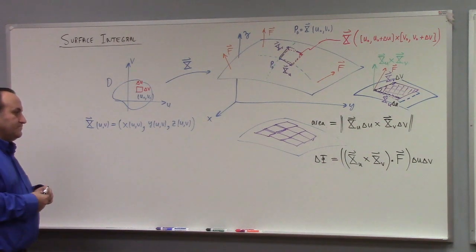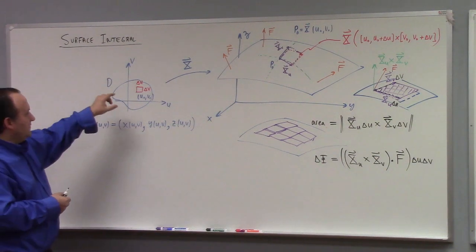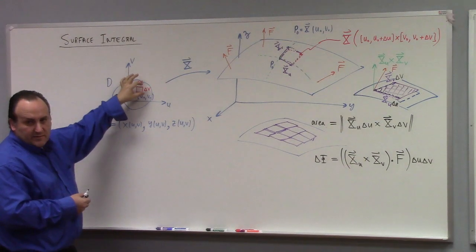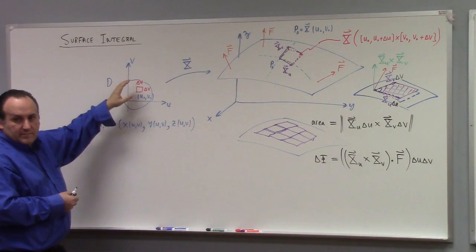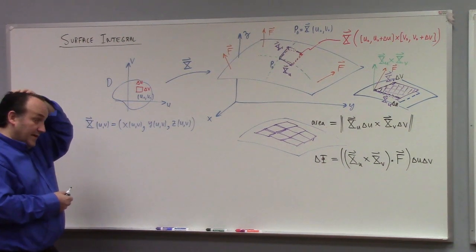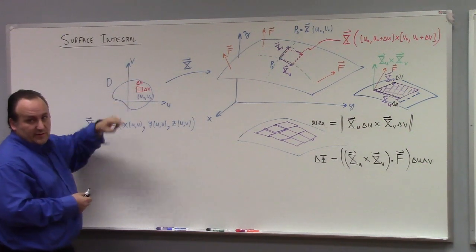So how can you have the delta u and delta v as the area? Well, delta u and delta v are just the displacement, a little change in u and a little change in v over here. Those aren't vectors. But technically delta u delta v is the area of this little square over here.